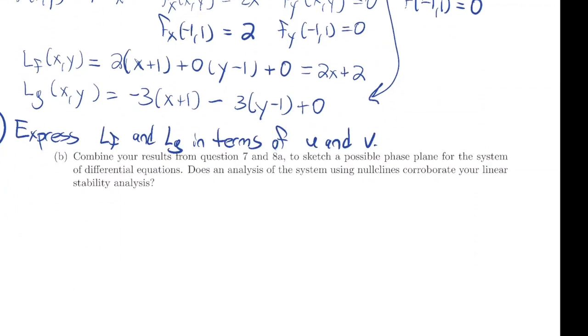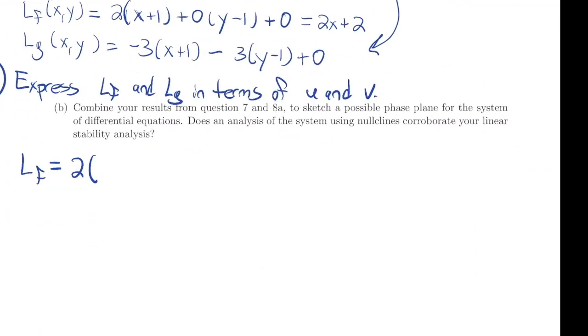Let me continue working down over the space in part B. So the linearization of f would be 2 times, and I'm going to replace x with -1 plus u. That gives me 2u.